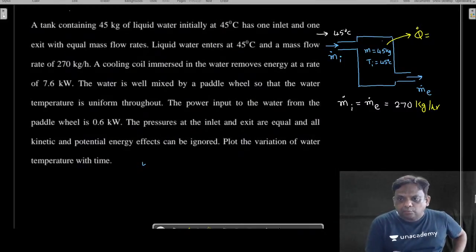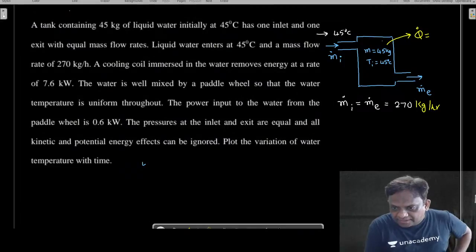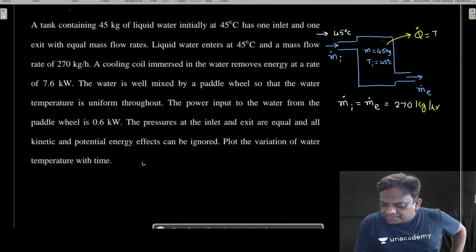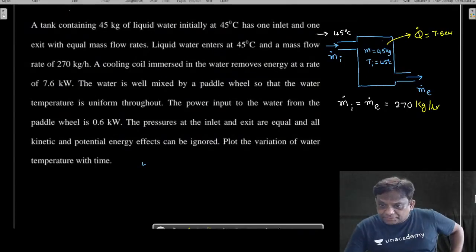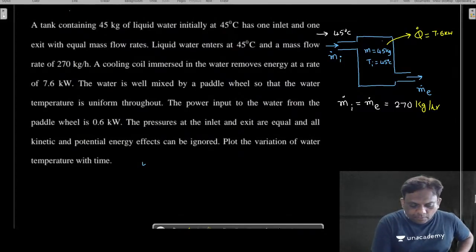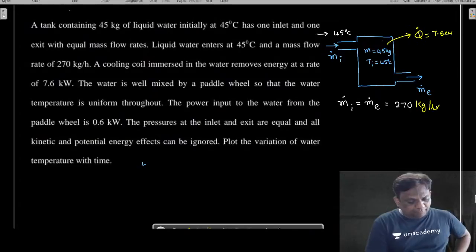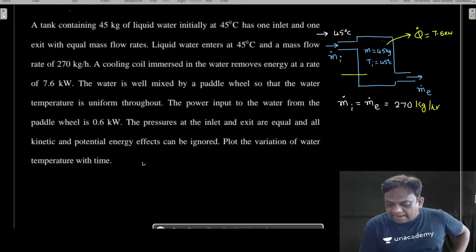Then the water is mixed by a paddle wheel so that the water temperature is uniform throughout. So there is a paddle wheel also. This is a paddle wheel.